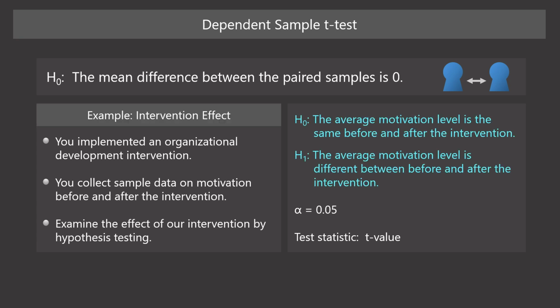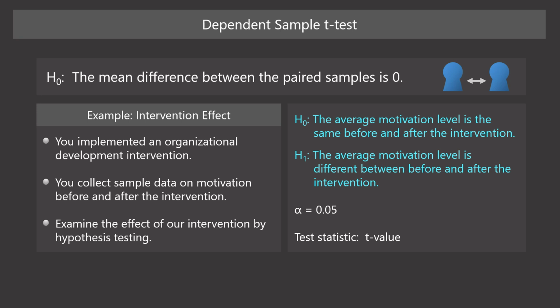The first step of hypothesis testing is specifying the null and alternative hypothesis. A null hypothesis of a dependent sample t-test should state that the mean difference between the paired samples is zero. So, the null hypothesis is that the average motivation level is the same before and after the intervention.